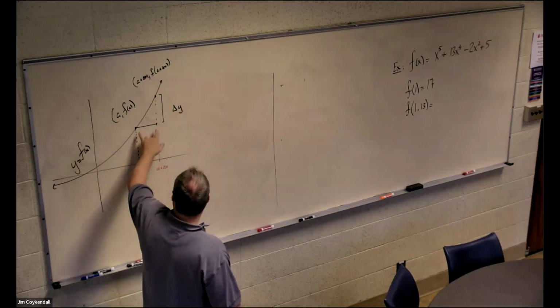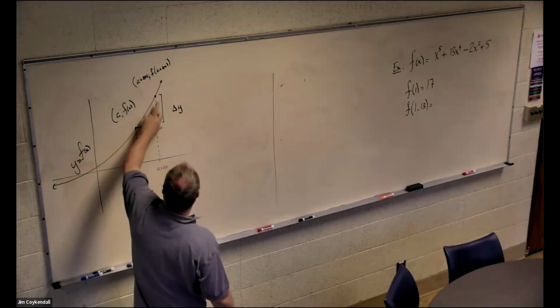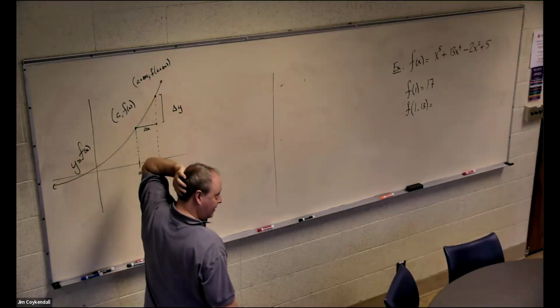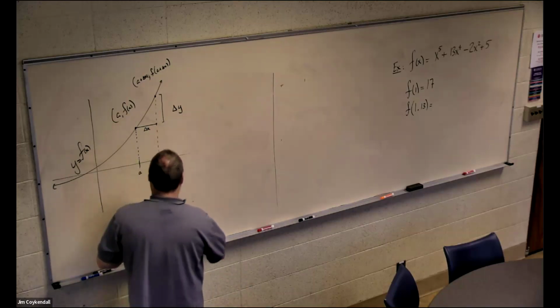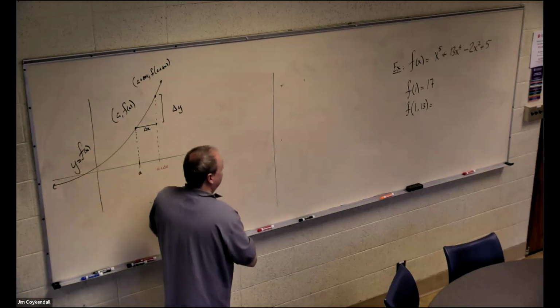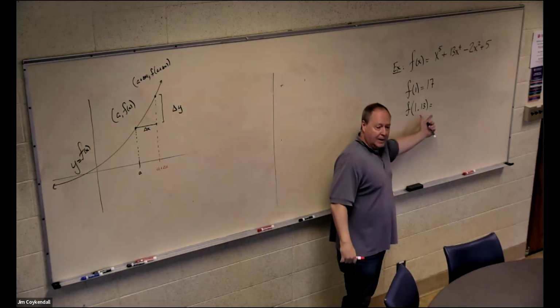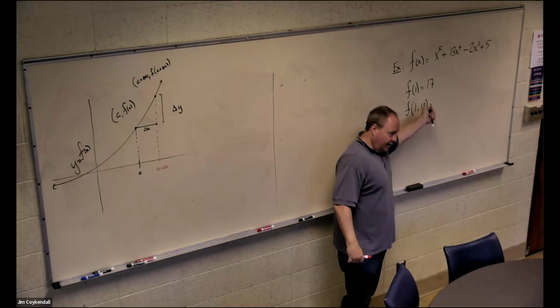You change by delta x, and y increases by delta y. For this problem, by the way, what is my delta x? How much did I change x by? 0.13. Everybody agree with that? I increased my x by 0.13.